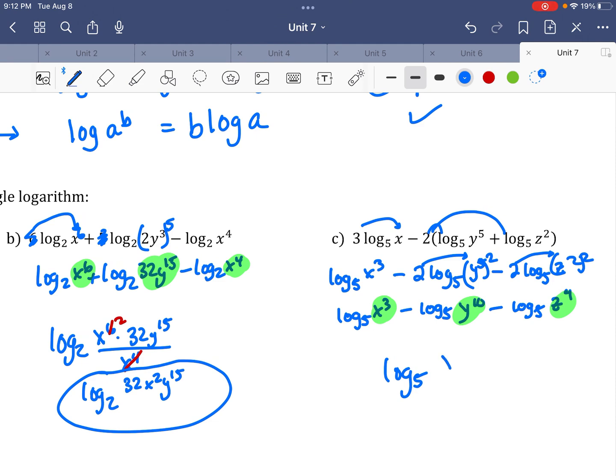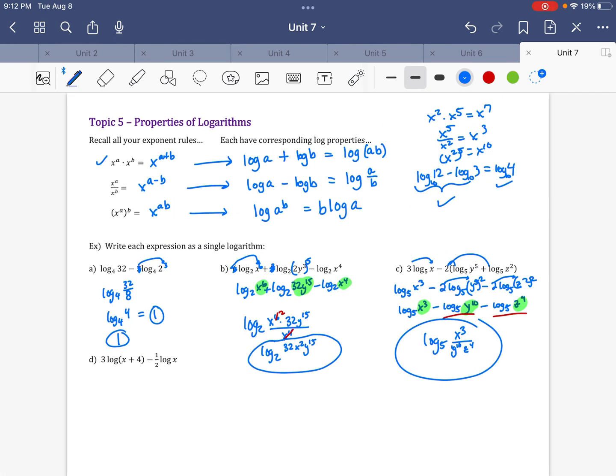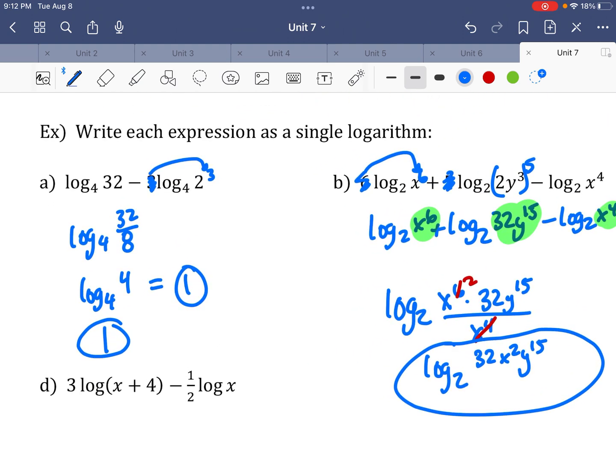So I'm going to have log base 5 written one time. I have x to the third, and these next 2 parts are both minus. So they're both going to be divided underneath the x to the third. So over y to the 10th and z to the fourth. And there you have it. So that was one more.